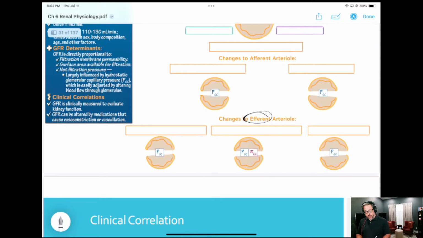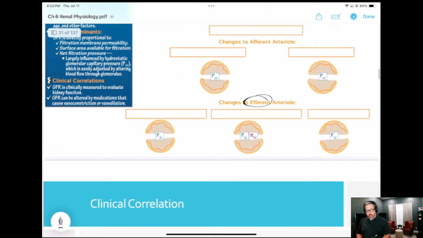So on the efferent side, because that's where angiotensin 2 has its effect, if we constrict it, which is what norepinephrine is going to do normally, we have normal blood flow coming in from the afferent side.